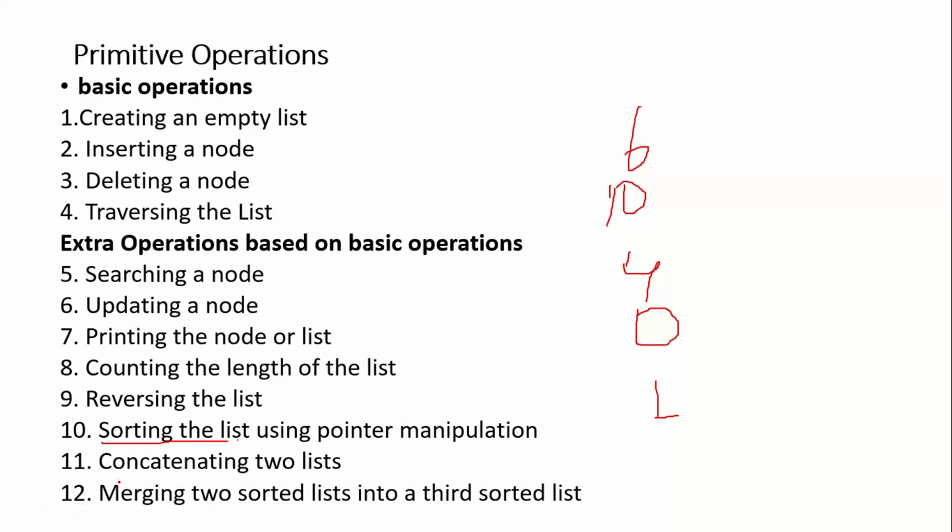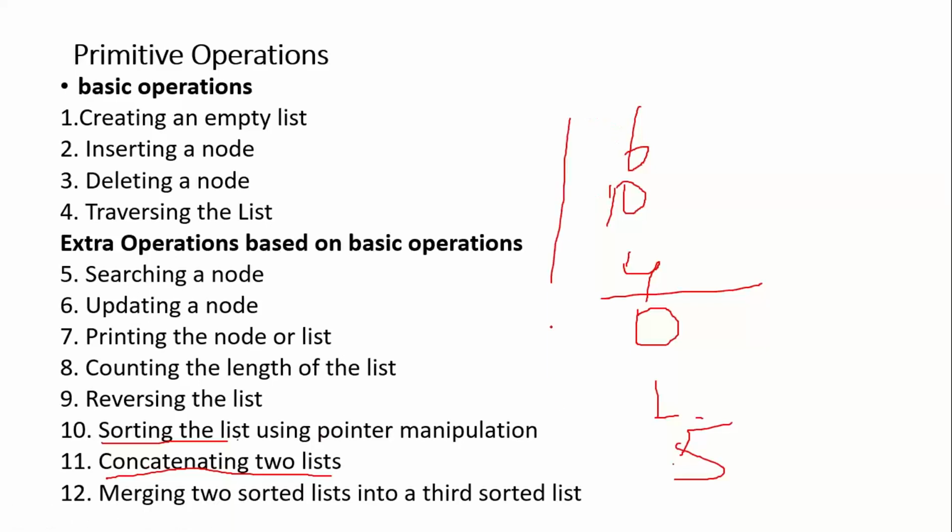Next, concatenating two lists. So if you want to combine together, say, this is one list, and this is another list. Now you want to combine these two lists, then you can do that. Merging two sorted lists into a third list. See, this concatenating and merging, what is the difference?